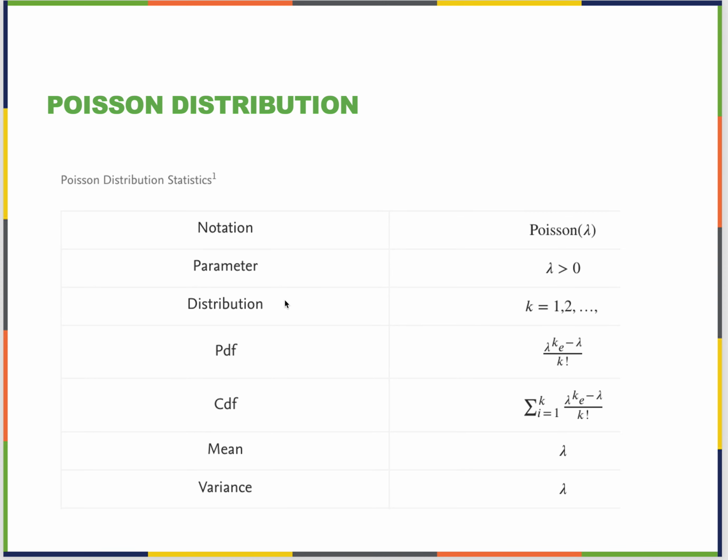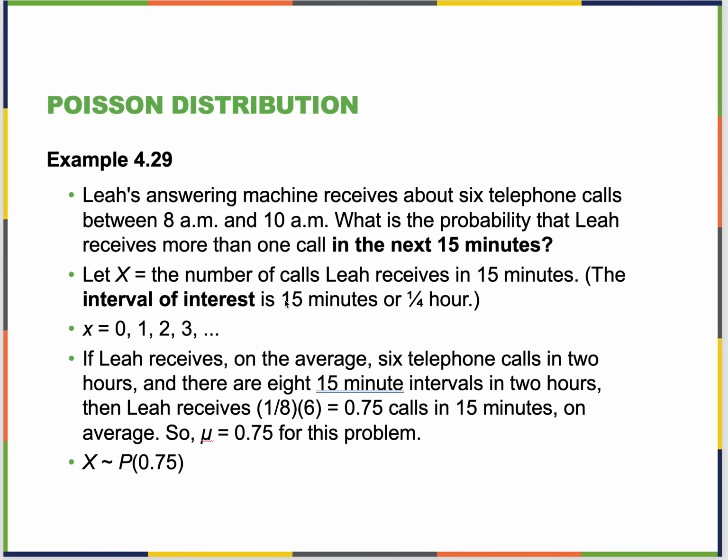The CDF is there. The mean is lambda. The variance is also lambda, surprisingly. But that's the magic of the natural exponent, which is 2.7 and so on. You can look it up. Theoretically, you've taken college algebra already, so you remember that.